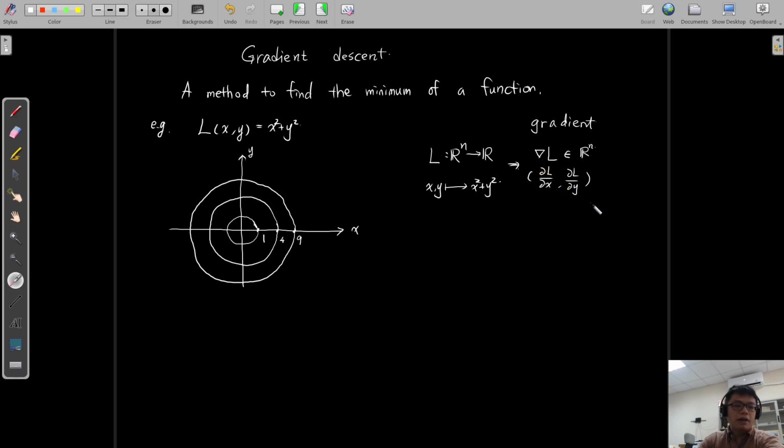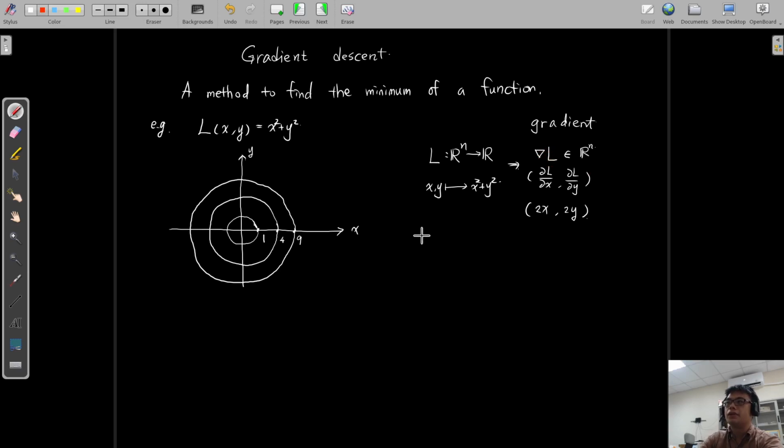Okay, so if you have learned calculus, you should have seen this before, and in this case, it is equal to 2x and 2y. It is a vector. But if you haven't done any calculus or you just somehow forgot about that already, we will give you some reason later. But one thing is, if you have a function, the gradient is a vector.